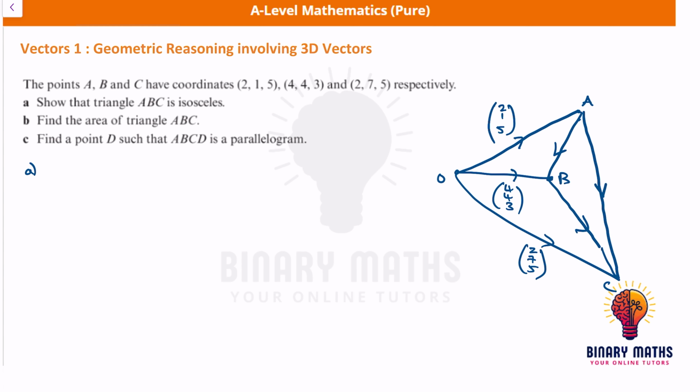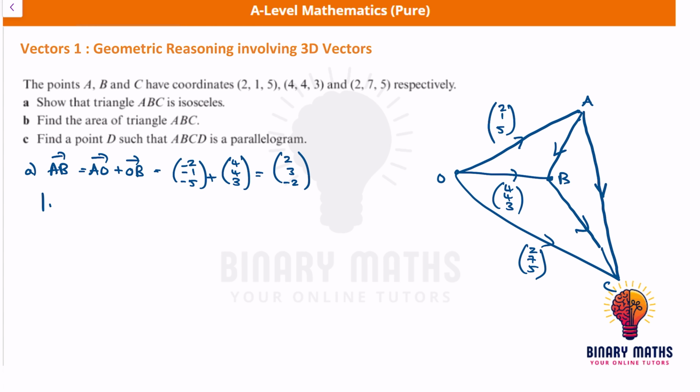So first let's work out A to B, which is equal to A to O plus O to B, which is equal to (-2, -1, -5) plus (4, 4, 3), which gives me (2, 3, -2).